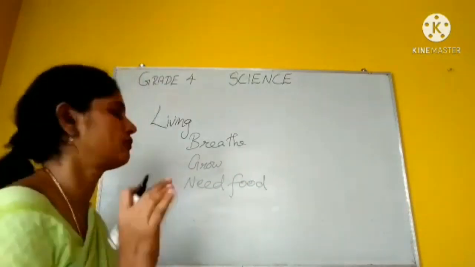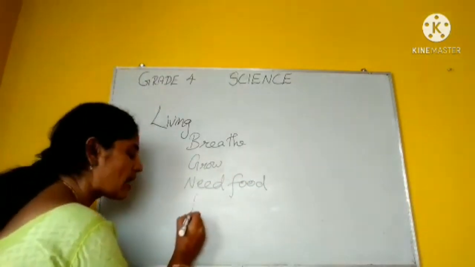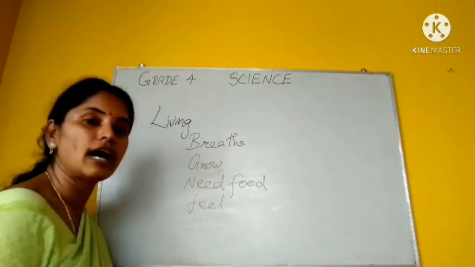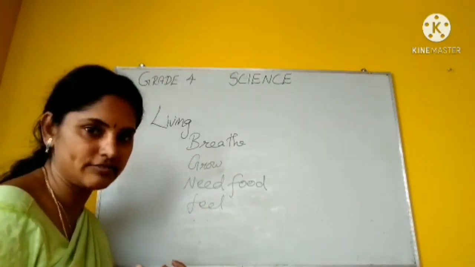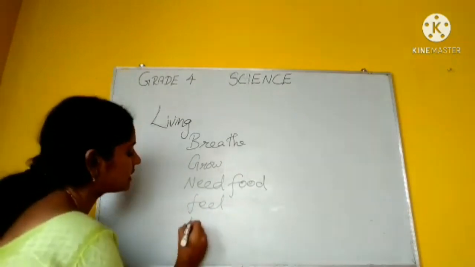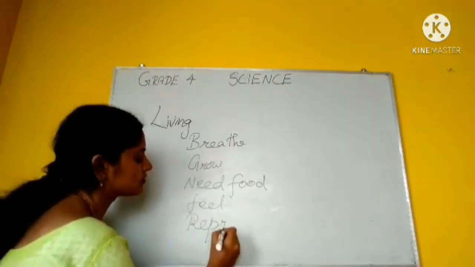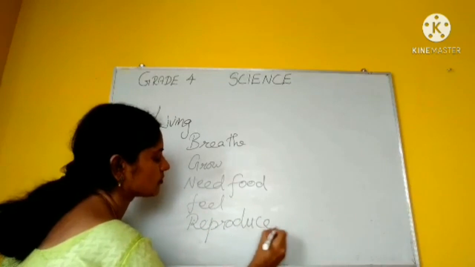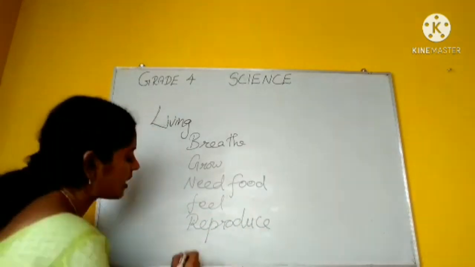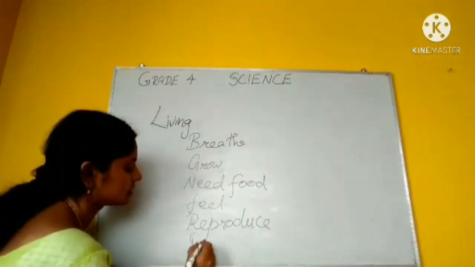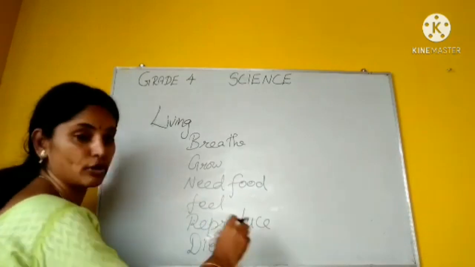Living things need food and they have feelings. All living things have feelings, and they reproduce and they die. What is meant by reproduce?